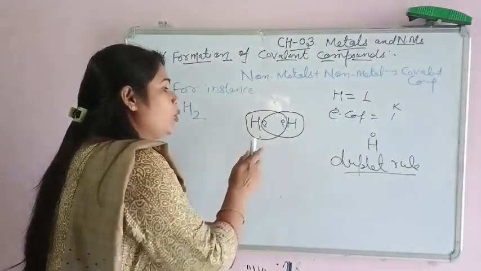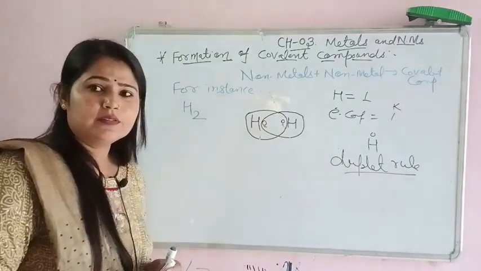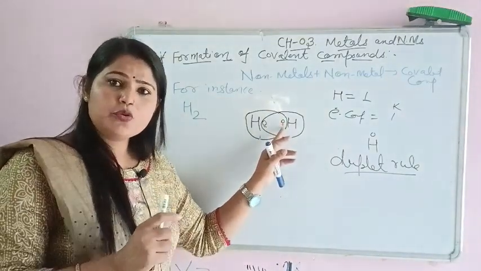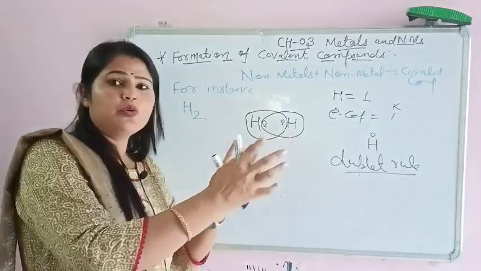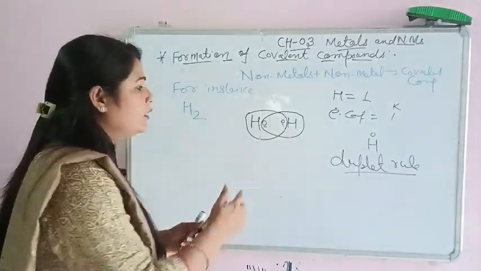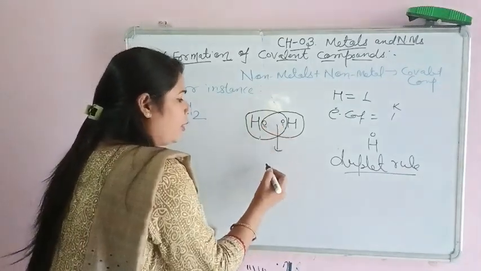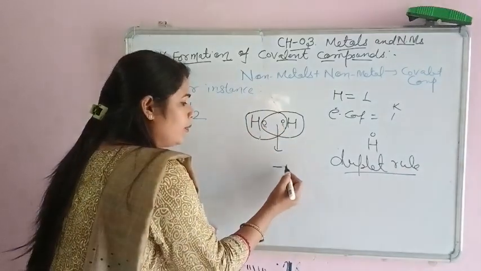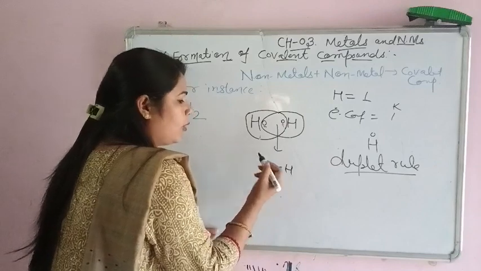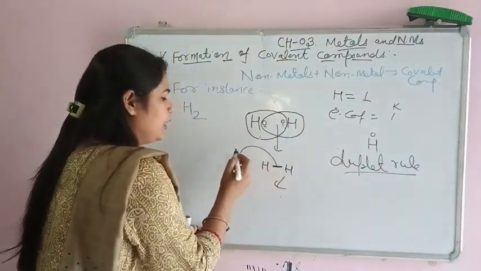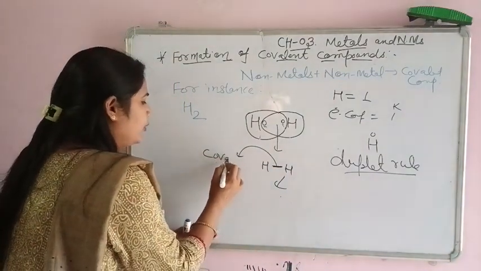So here two electrons are present, and these two electrons are in common. These two electrons are shared by these two hydrogen atoms and they form a bond, a single bond. This is single and the bond name is covalent bond.